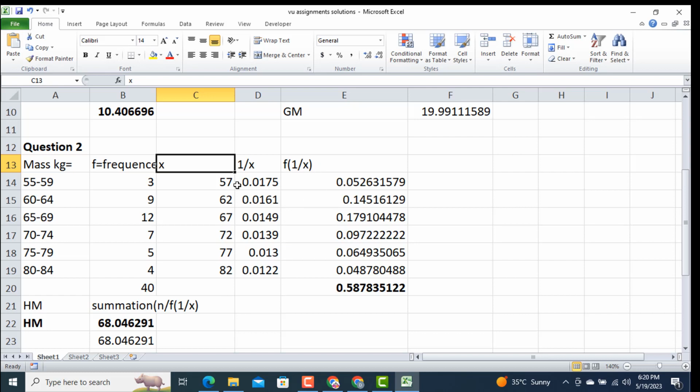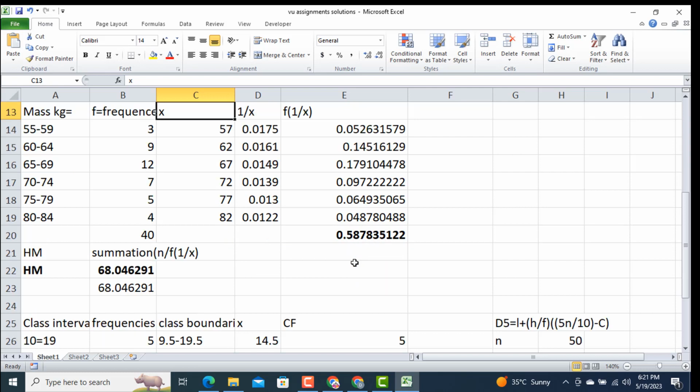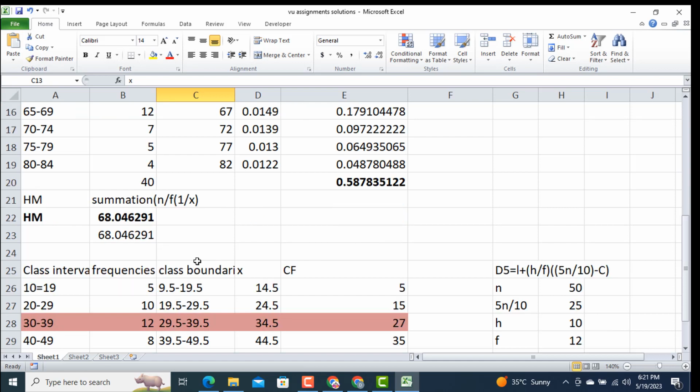After multiplying f into 1 over x, I will get all these values, and get the sum of them by applying the sum formula. So here I am going to divide n, where n is equal to summation f, 40, by this summation. So we will get 68.04629 as the harmonic mean.